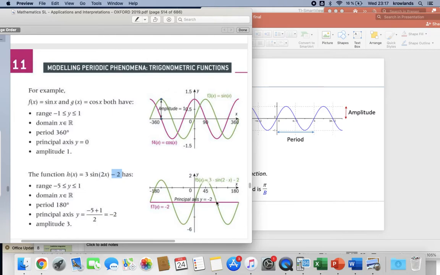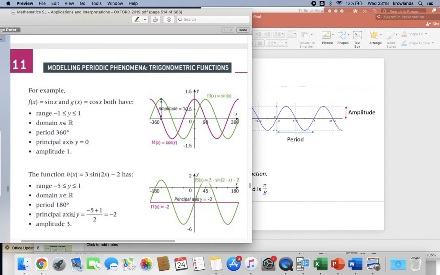It will return back to -2, and then it will get 3 smaller, landing on -5. So if you wanted to write the range, it is between -5 and 1. X can be any value, so you can say X is in R, the period as discussed, the principal axes.